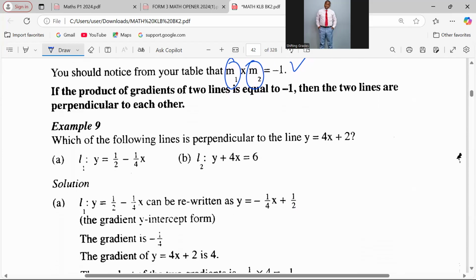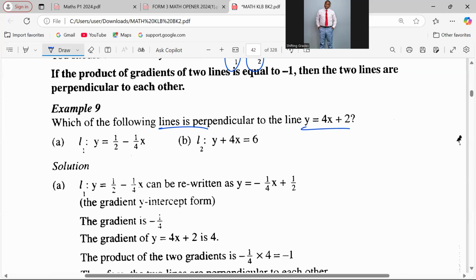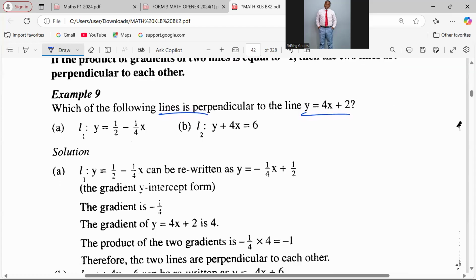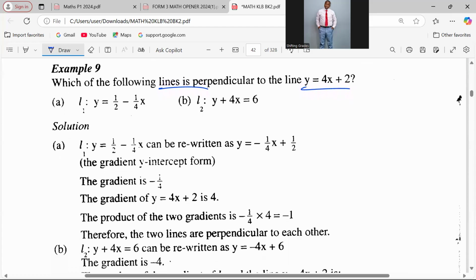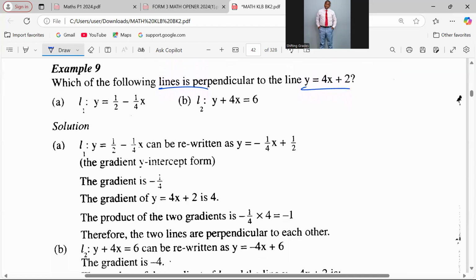Which of the following lines is perpendicular to the line y equals 4x plus 2? You know the first gradient is 4. We just pick it here.